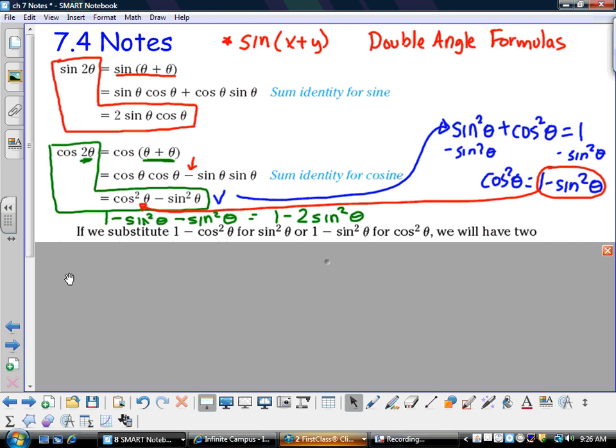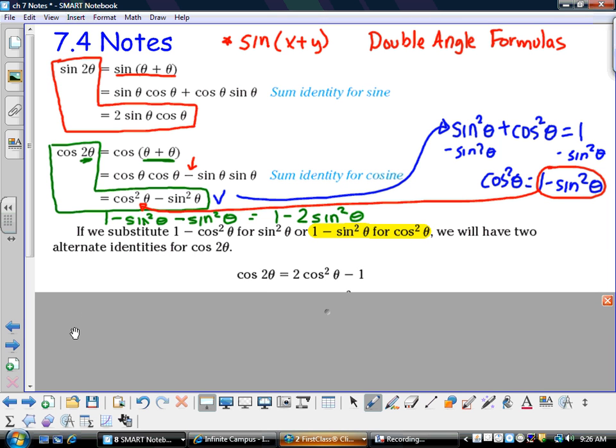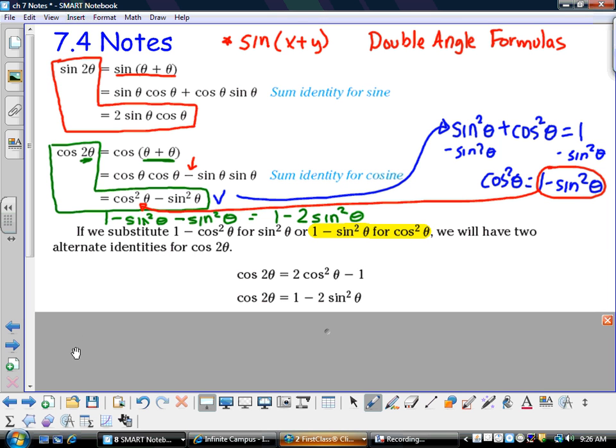This says if we substitute in 1 minus cosine squared for sine squared, or like we just did, substitute in 1 minus sine squared for cosine squared, we'll get two alternate identities for cosine 2 theta. One of them is the one we just did. The other one would be 2 cosine squared theta minus 1.